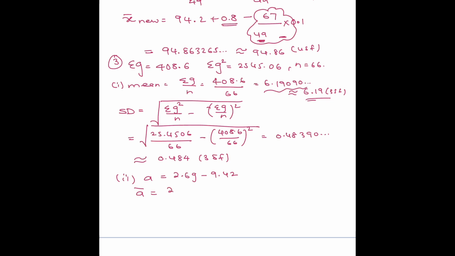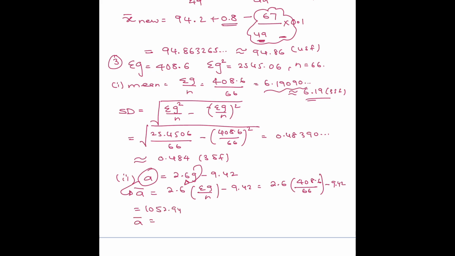So A bar now is 2.6 sigma G over N minus 9.42. 2.6, because I have changed A into A bar. A bar is the mean, so G should be changed into G bar, the mean of that. Sigma G, 408.6 over 66, minus 9.42.